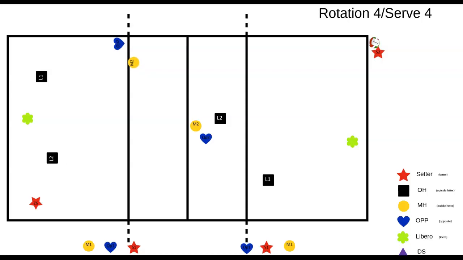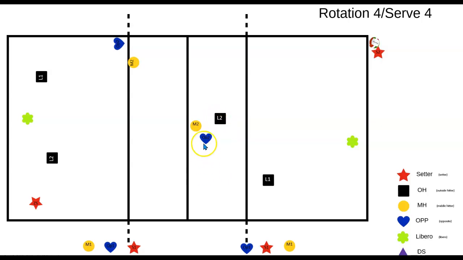This should look familiar. Serve 4 is a repeat of serve 1. And again, we're just doing the first one where we stack. If you want to figure out the other 2, those are up there and you can look at them. If we look over here, once again, the middle's in the middle, and both the left and the right have to switch.